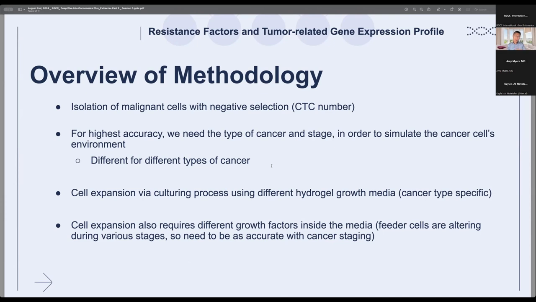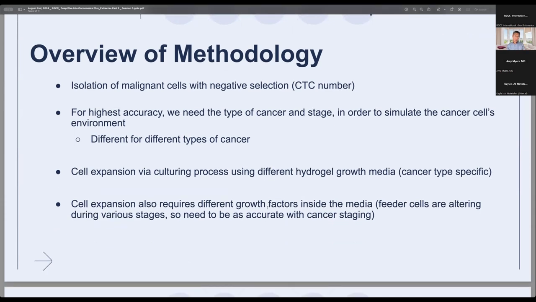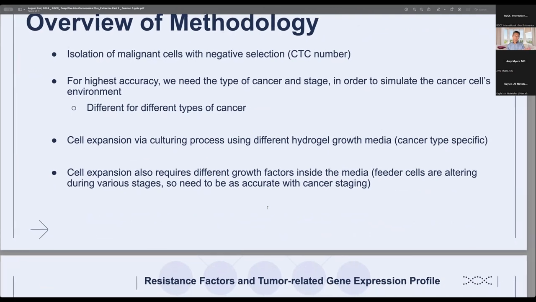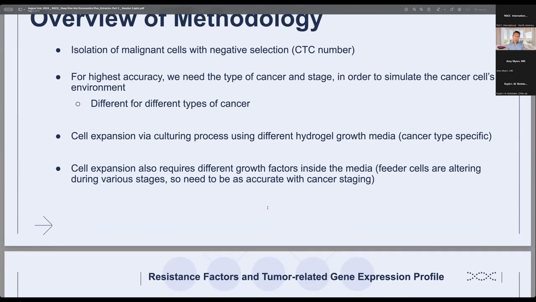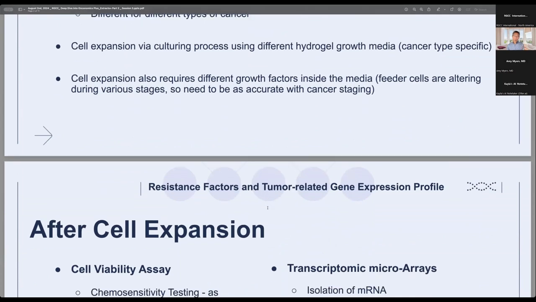So that changes the hydrogel growth media used, and also not using the appropriate growth factors. That is why it's important to have a cancer type diagnosis if possible. Otherwise, cancer of unknown primary, or CUP, will be enough for the lab to determine the best hydrogel.